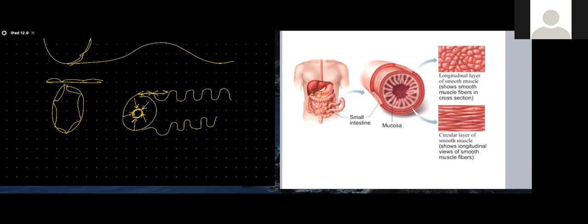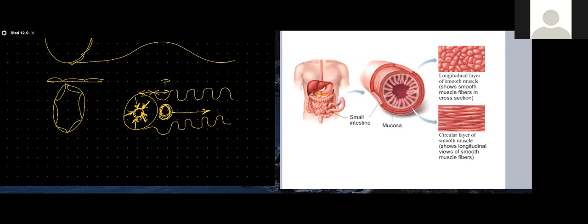So if we're looking at the small intestines, for example, the small intestines have the ability to constrict by contracting the circular muscle cells, and to propel the food along its length by performing peristalsis, which is allowed by the contraction and relaxation of the longitudinal muscle layer.